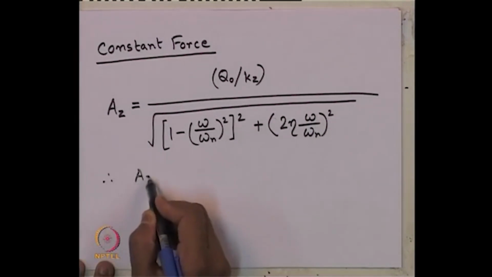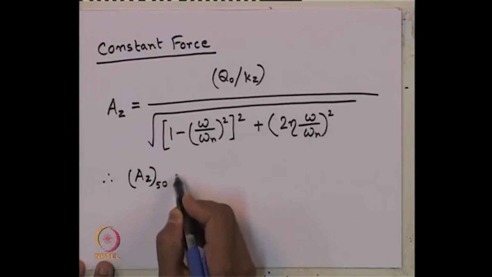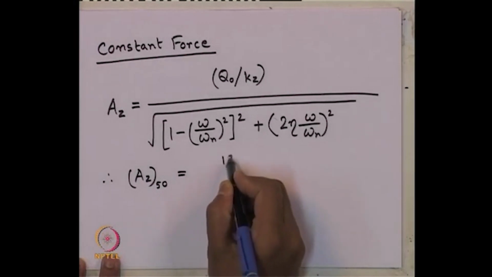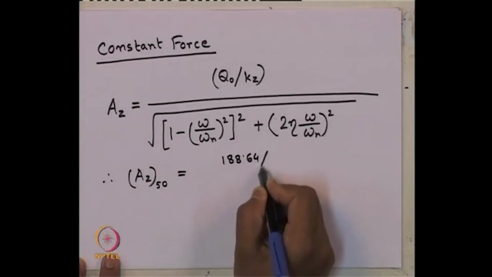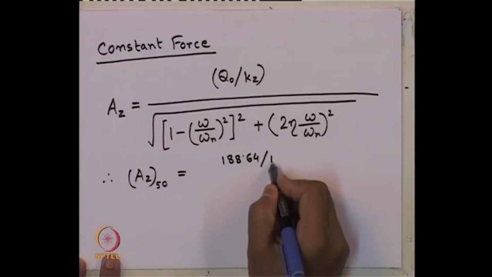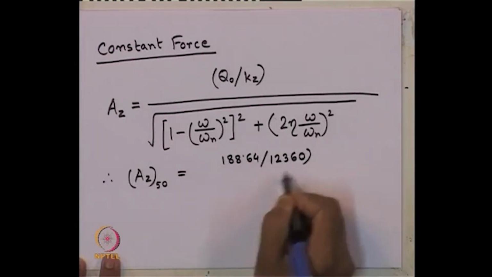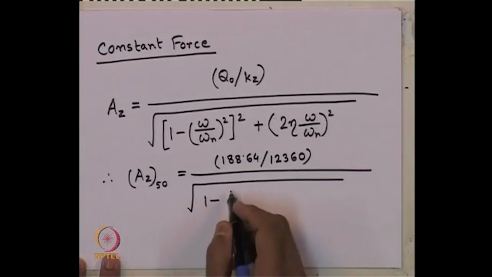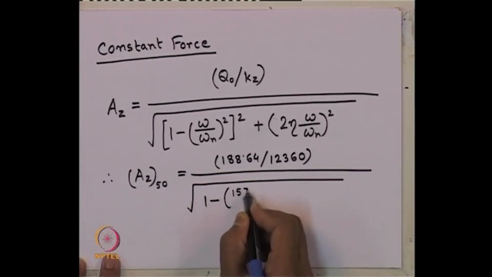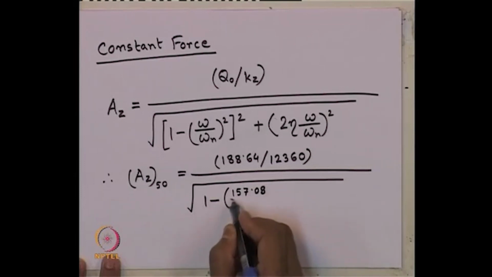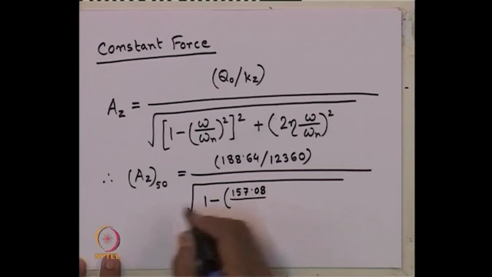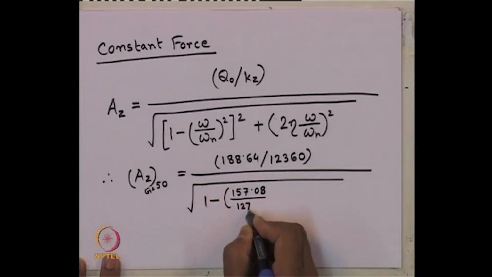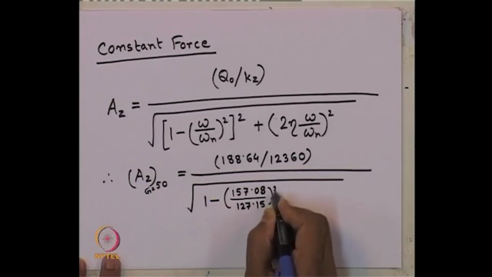Therefore, Az for G equals 50 should be, Q is how much? 188.64, Kz is 12360, and omega is 157.08, that is the operating frequency in CPS, and omega n for this soil condition of G equals 50 TSF is 127.15.